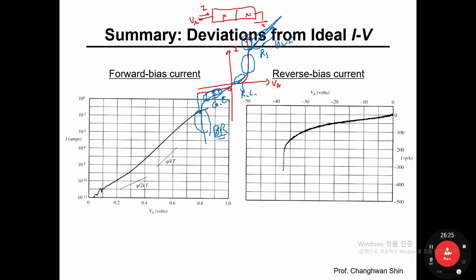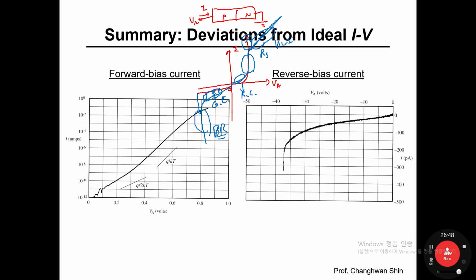Okay, and this PN junction diode theory would be the basis and a good starting point to understand the bipolar junction transistor as well as the MOSFET. Okay, so if you have some time, please review what we have learned up until now.